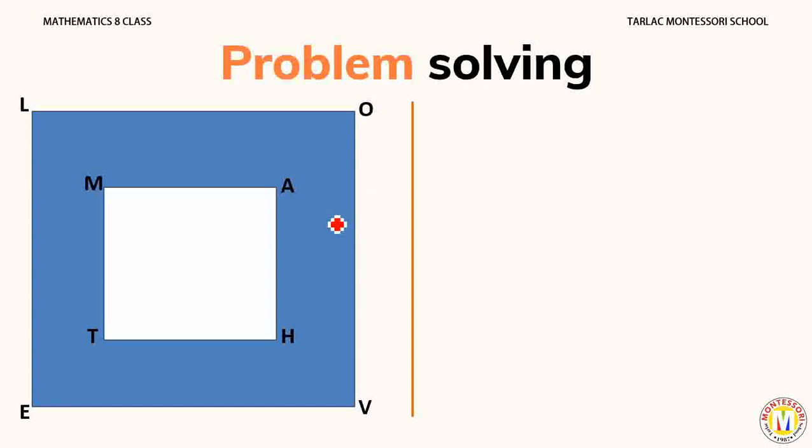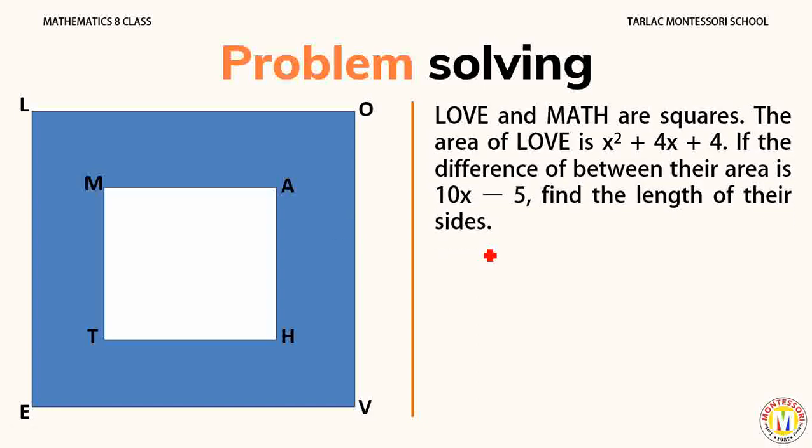So, problem solving. We have a problem: LOVE and MATH are squares. The area of LOVE is x squared plus 4x plus 4. If the difference of their areas is 10x minus 5, find the length of their sides. Again, let's try to understand the problem.